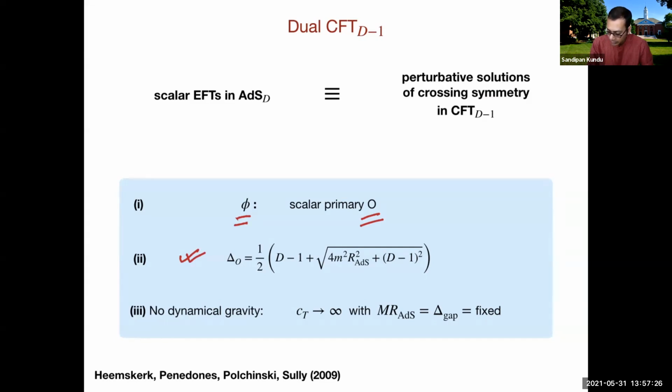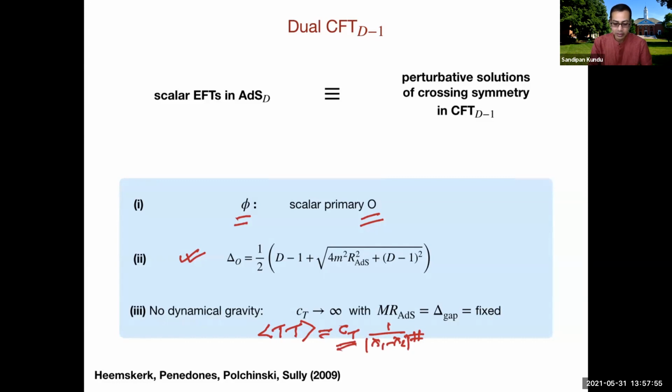The central charge is defined as follows: if you consider the 2-point function of the stress tensor, it has some overall coefficient C_T times the standard tensor structure. So this C_T is the central charge that I'm talking about. I'm going to take the central charge to be infinity.